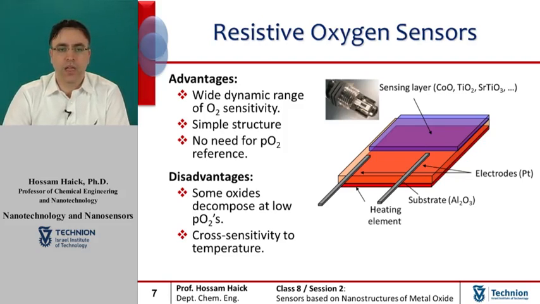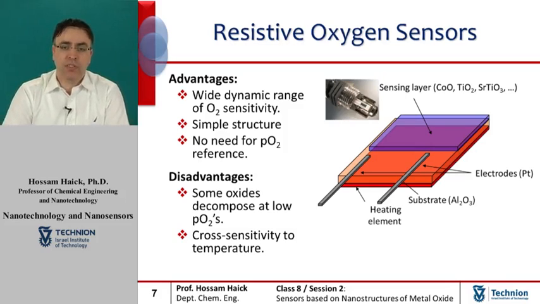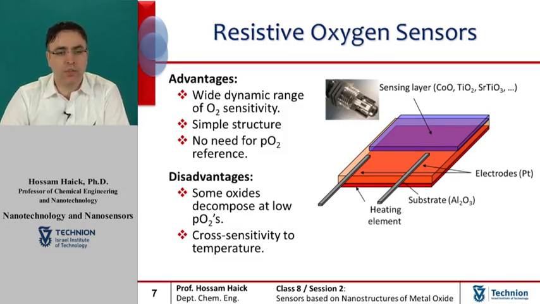These sensors are based on semiconducting oxides such as cobalt oxide or titanium dioxide, that change their resistivity due to the interaction between point defects and oxygen molecules from the surrounding gas atmosphere. These sensors offer an attractive solution in terms of wide range of sensitivity, simple design, and no need for a reference.